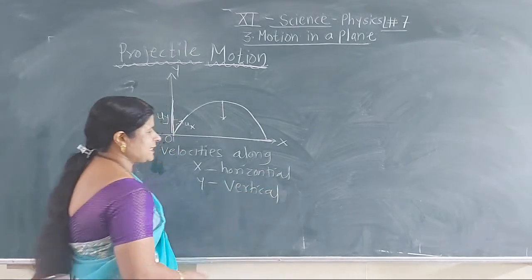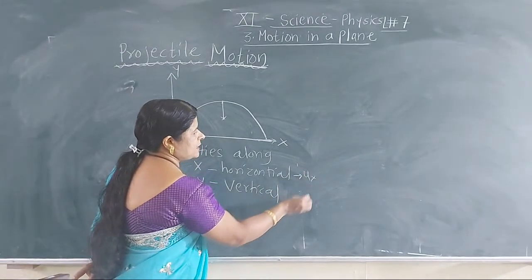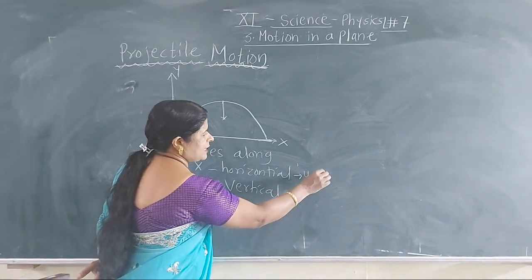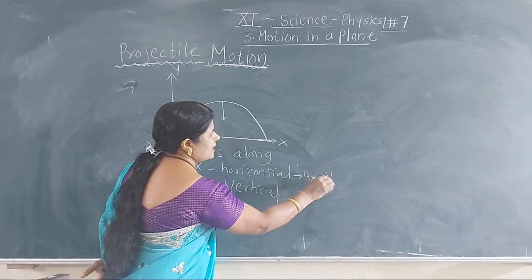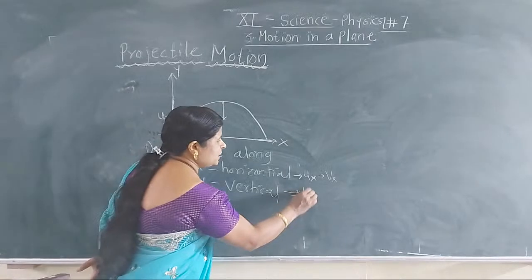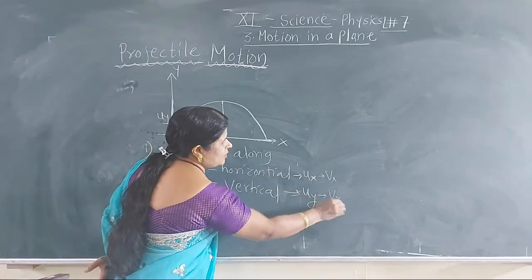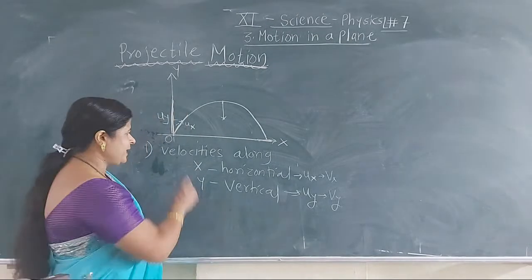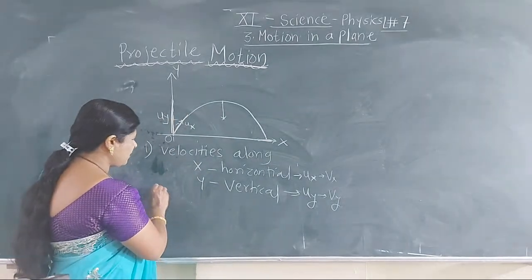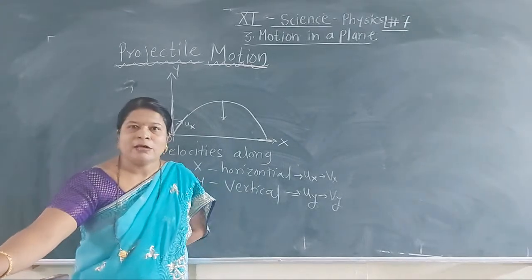If it is initial, we denote it as ux, and if it is final, we denote it as vx. Along the y direction, the initial velocity is uy, and the final velocity is vy. This is the first point we have to remember in the case of projectile motion.